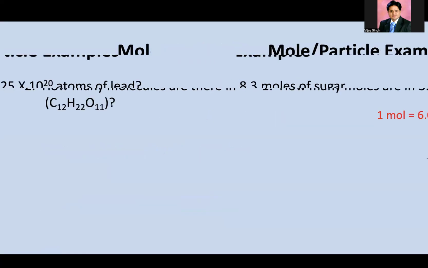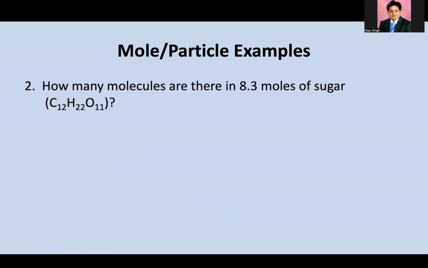Here comes your next problem. How many molecules are there in 8.3 moles of sugar? So pause the video and try solving it. Remember, 1 mole of sugar will have Avogadro's number of molecules.